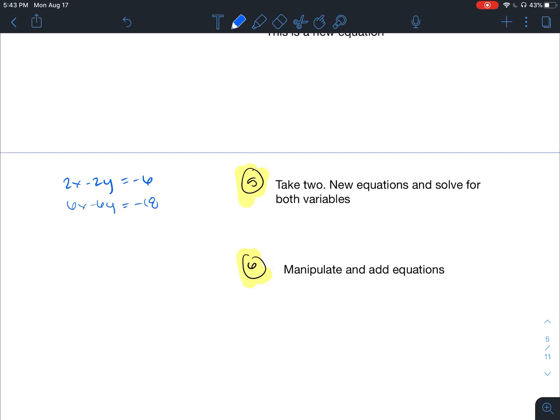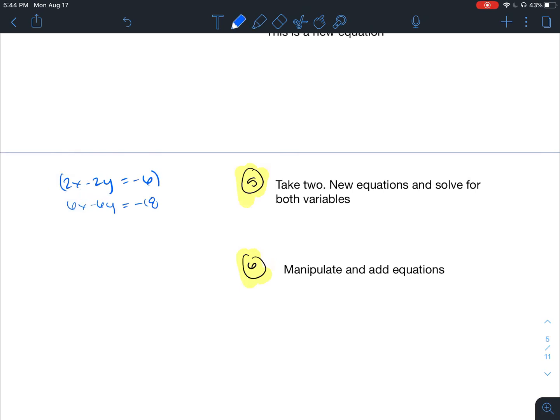Let's say we try to eliminate the x. So this is 2x, and right here is 6x. In order to eliminate, this needs to be negative 6x.